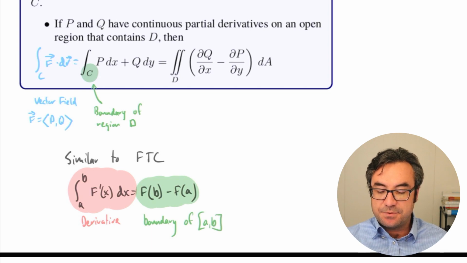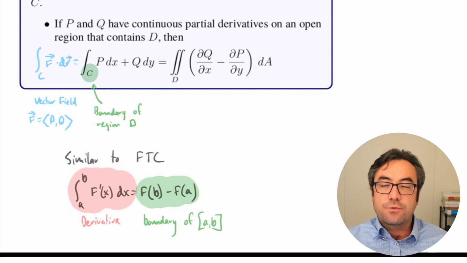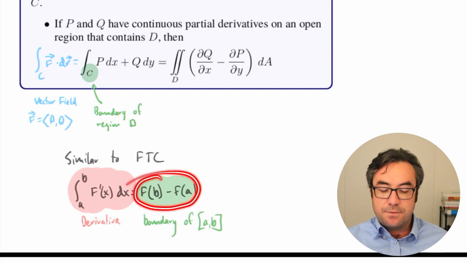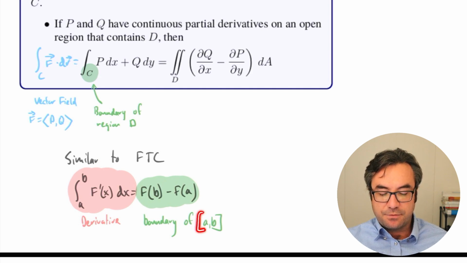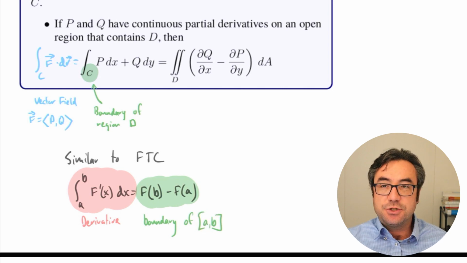We had this expression that relates the integral of a derivative to an antiderivative, looking at just the boundary. In this case, the boundary of the interval from a to b is just the 2 endpoints, a and b.